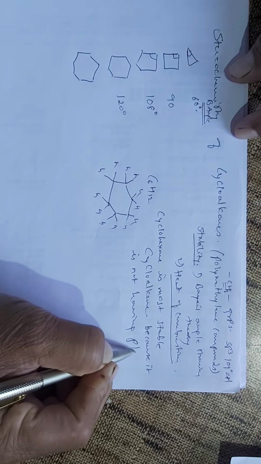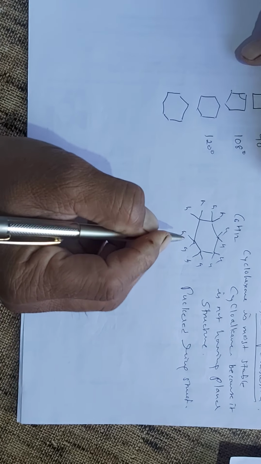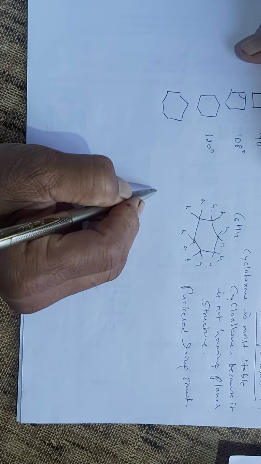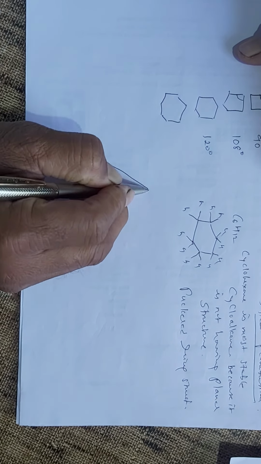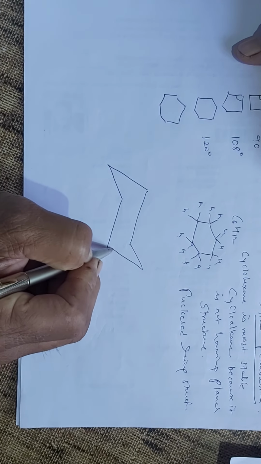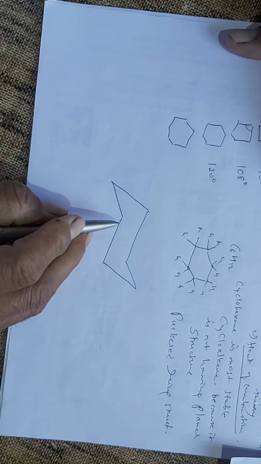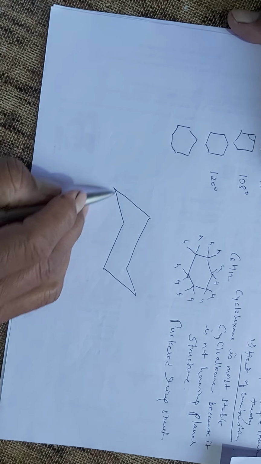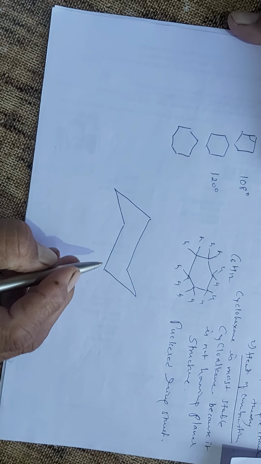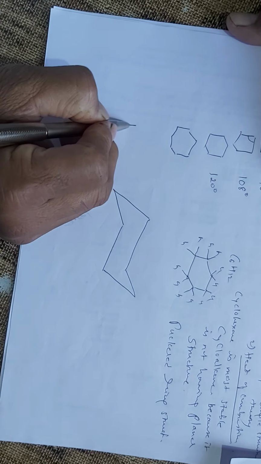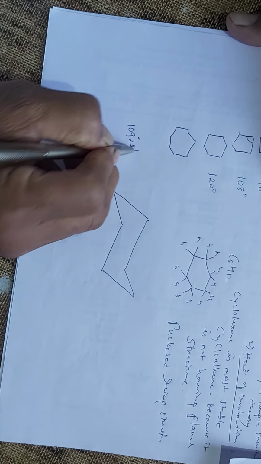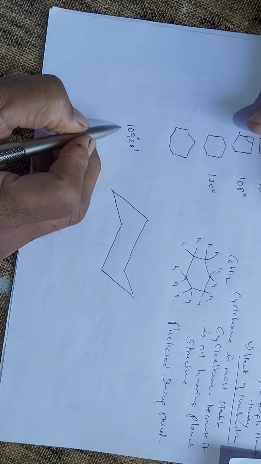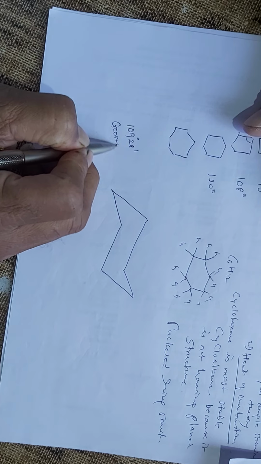It has a puckered ring structure, which means a zigzag structure. So we studied drawing the structure in this way. Here in this puckered ring structure, every carbon atom, which is sp3 hybridized, maintains the bond angle 109 degree and 28 minutes, and the geometry is tetrahedral.